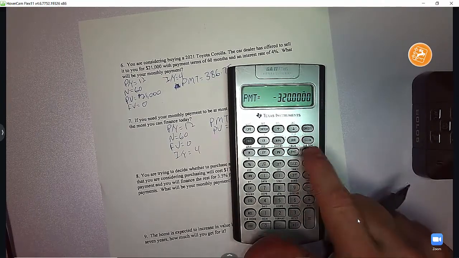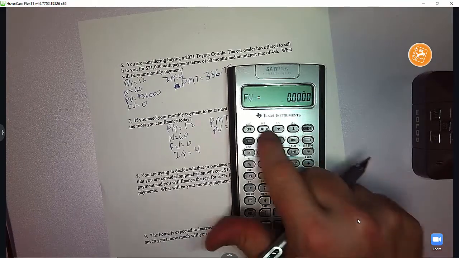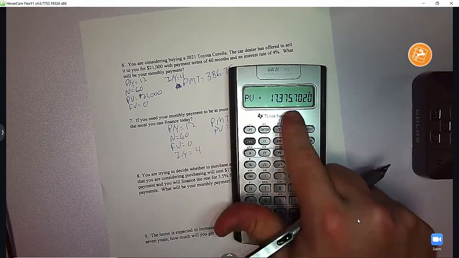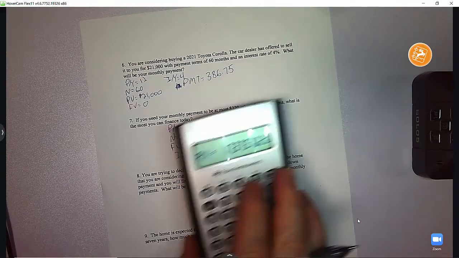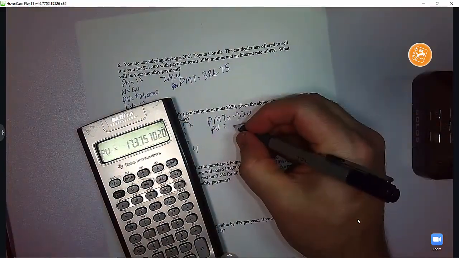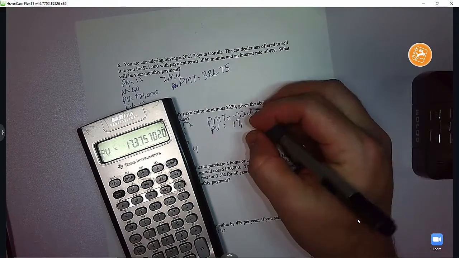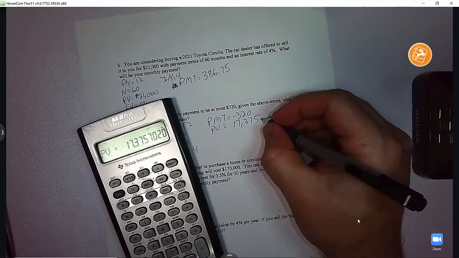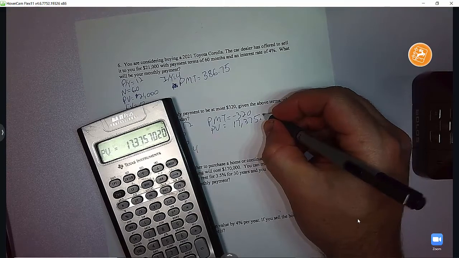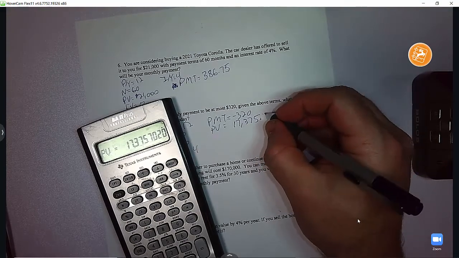There we go. My future value is 0. I'm going to compute my present value. My present value is $17,375.70. So I have to limit myself to financing this amount if I don't want my monthly payment to be more than $320.